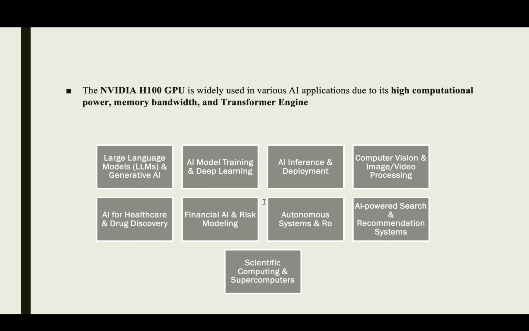Computer vision and image and video processing: here it is used for self-driving cars like Tesla, Waymo, and NVIDIA Drive. Then medical imaging AI, radiology, pathology, genomics, satellite image analysis, climate, agriculture, and defense.